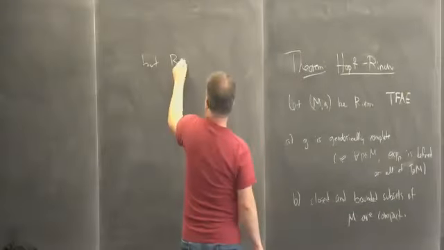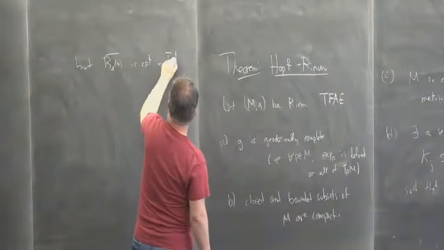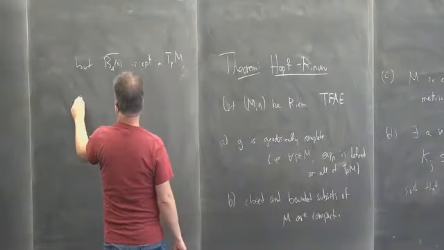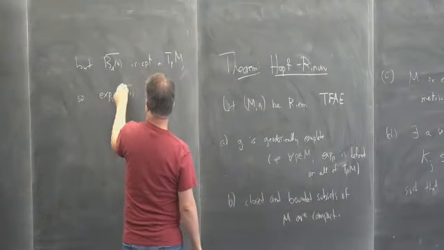But B bar is compact in TpM. So exp_p, this is the continuous image.